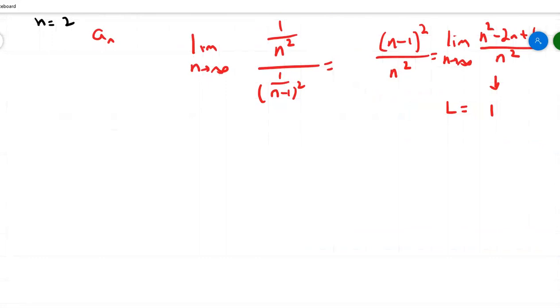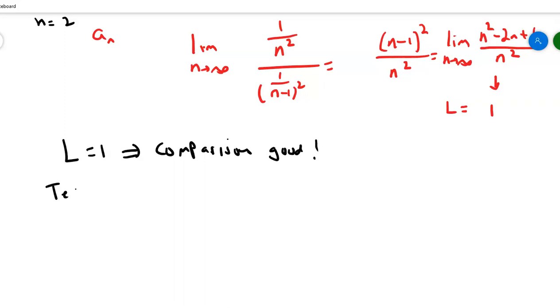Okay, once I get that L value of 1, L equals 1 implies that what I've found is a good comparison. So my comparison is good. That's good. All right, so now test that b sub n function. This thing is easy. This is a convergent p-series. Whatever you compare it to should be that easy.